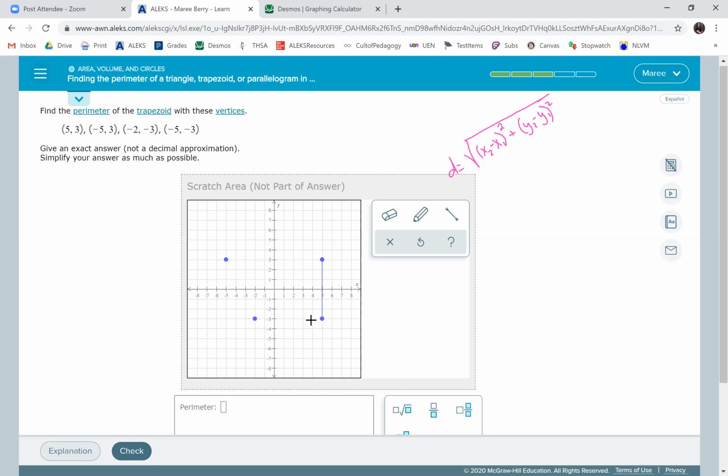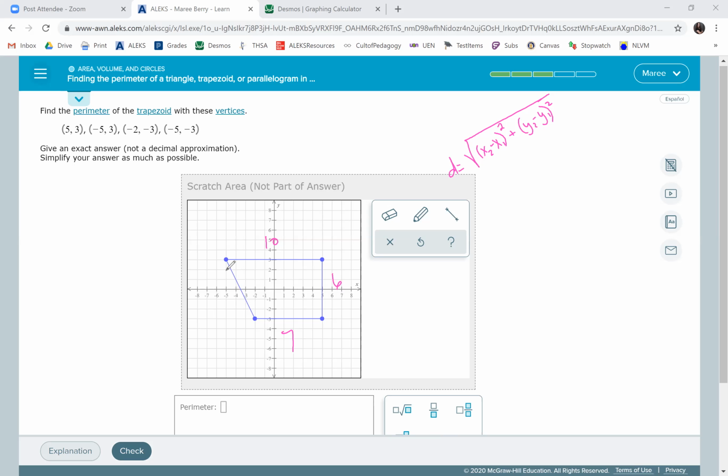We still know we can get 3 sides that we can add together that are flat, either horizontal or vertical. That's nice. And we only have one that we have to use the distance formula on, and that's this last one here. So this one is from -2 to 5, that's 7 units. Let's write this down. And then from -3 to 3, that's 6 units. From 5 to -5, that's 10 units.